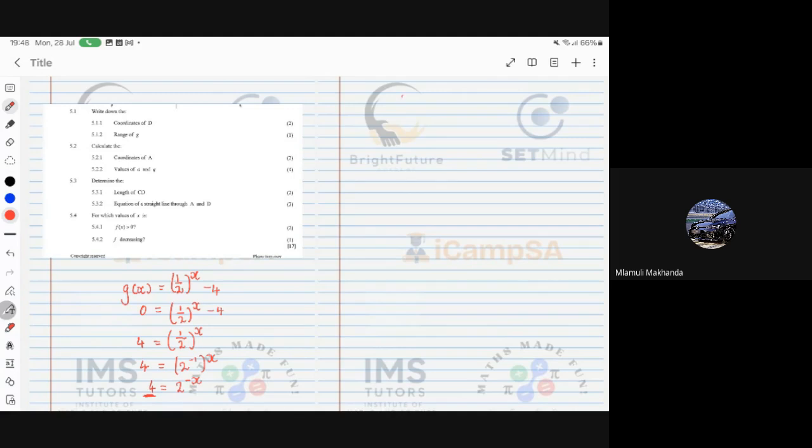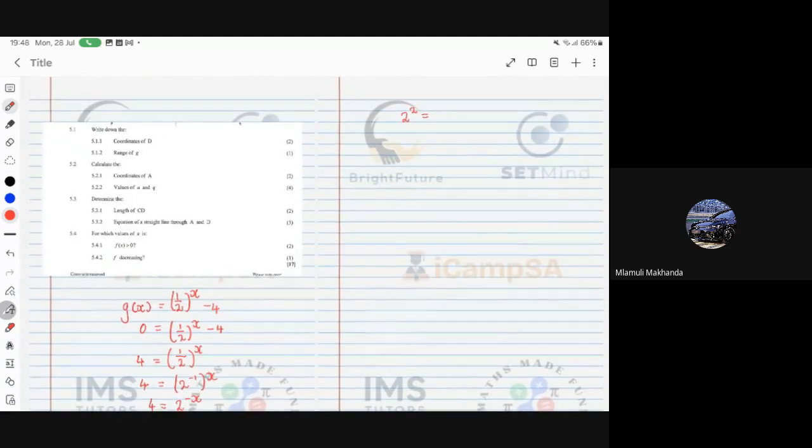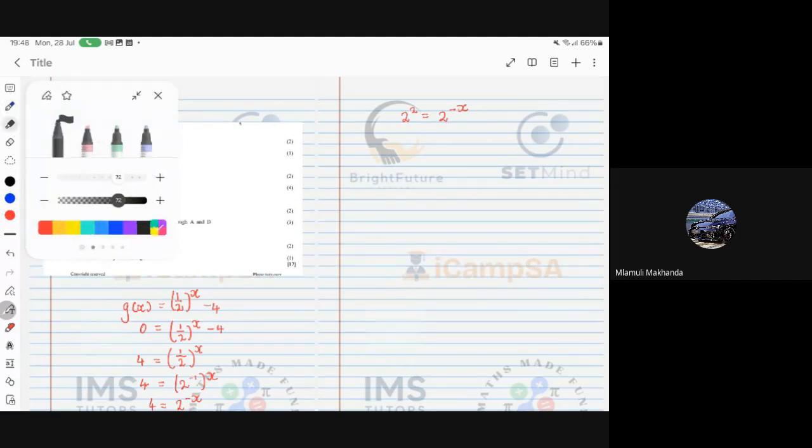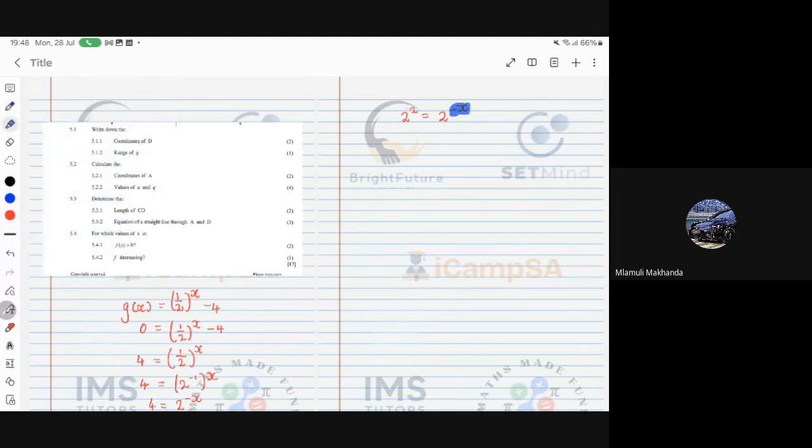So we can write 2 to the exponent 2 is equal to 2 to the exponent minus x. As I was just telling you, if the bases are equal, we can also equate the exponents. Therefore 2 is equal to minus x, therefore x is equal to minus 2.